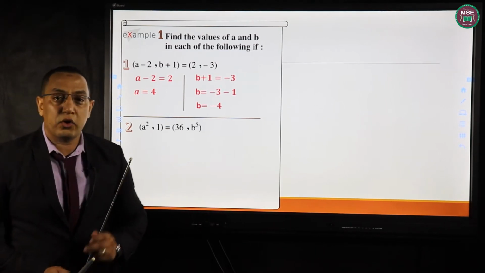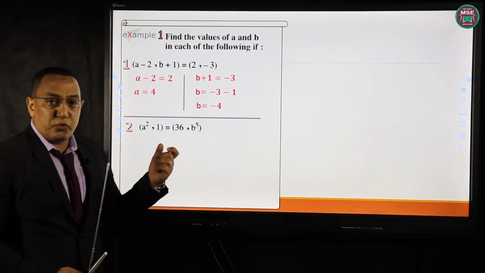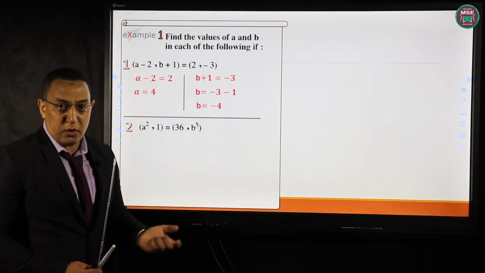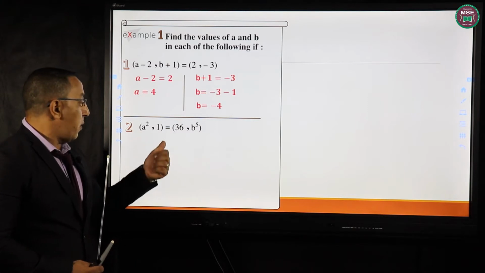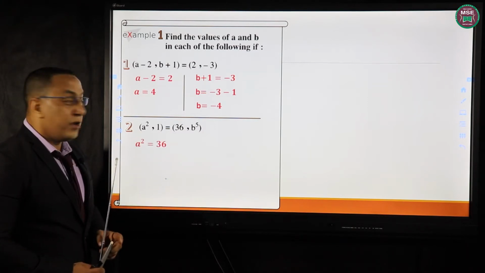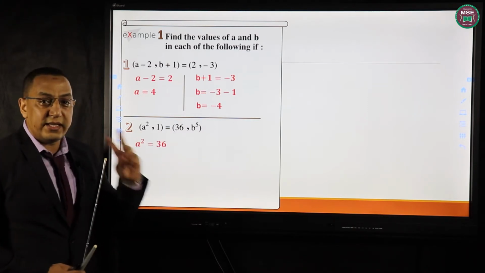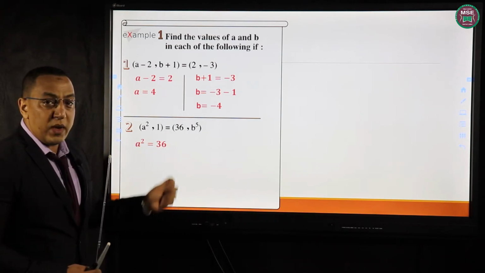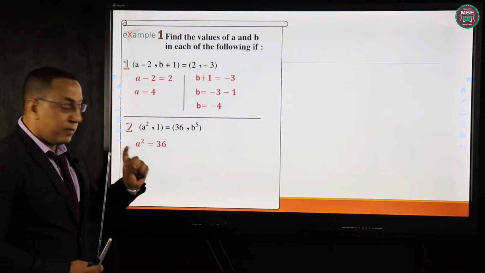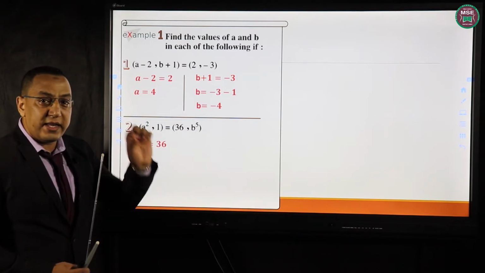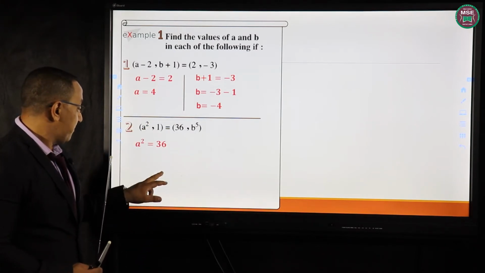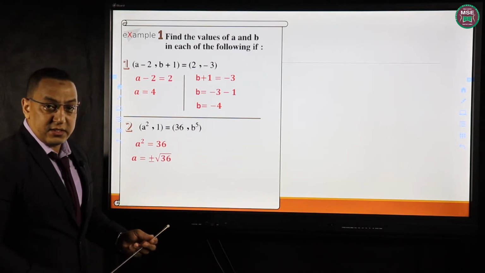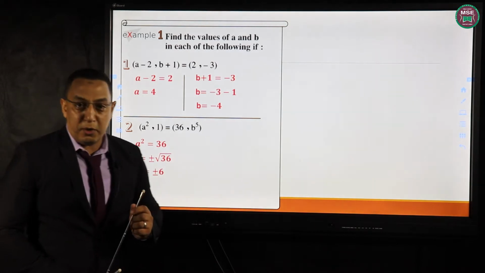Here we have another ordered pair, (a^2, 1) equals (36, b^5). Okay, a^2 equals 36. So this is a second degree equation. Remember, for the second degree equation, we take the square root of both sides, and don't forget to write negative or positive. So a equals negative or positive the square root of 36, which is negative or positive 6.